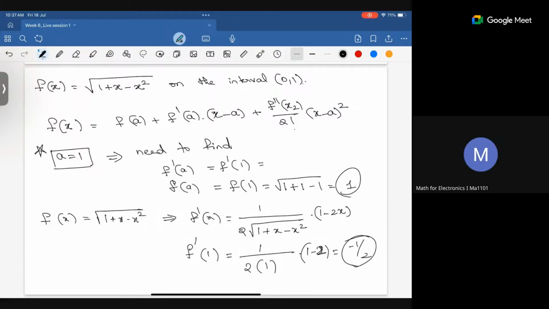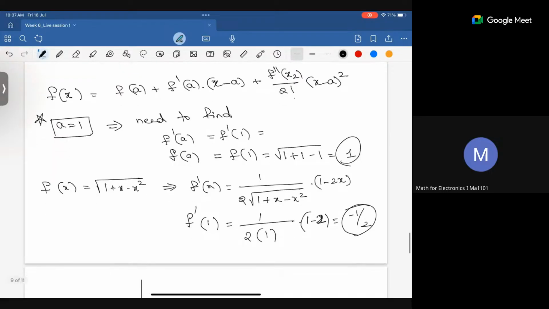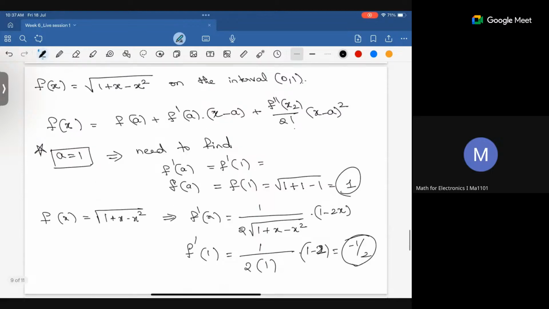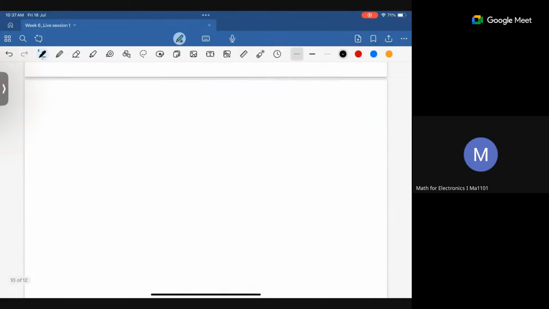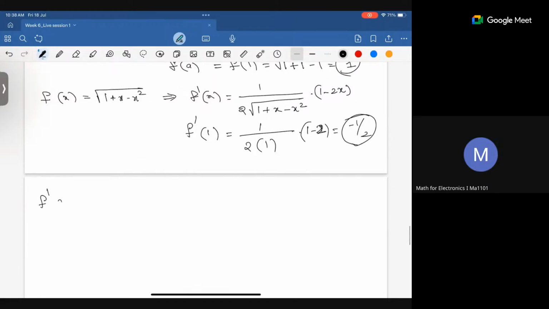Right, so we have f of 1 and we have f prime of 1. The next thing I need is f double prime of x2, or some u; in the options it is given as u, whatever we will find. So we have f prime of x equal to 1 minus 2x by 2 root 1 plus x minus x square.